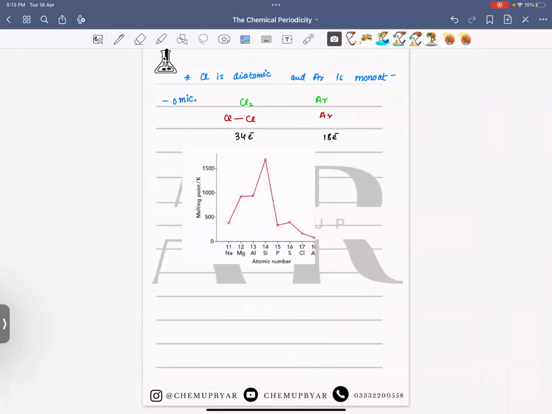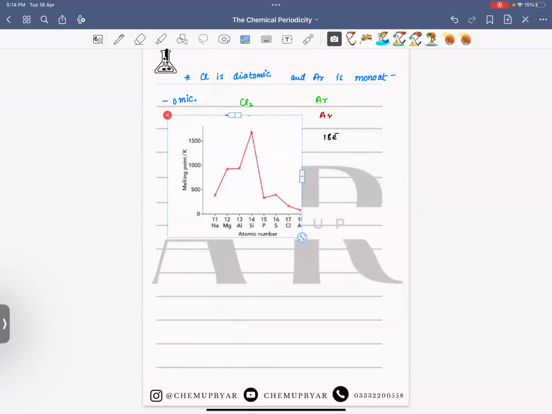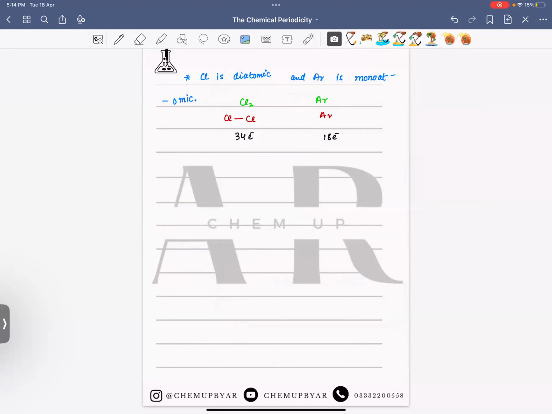Some portion of the diagram is missing. Why am I not getting the one which I'm looking for? Just give me a minute, please, everyone.